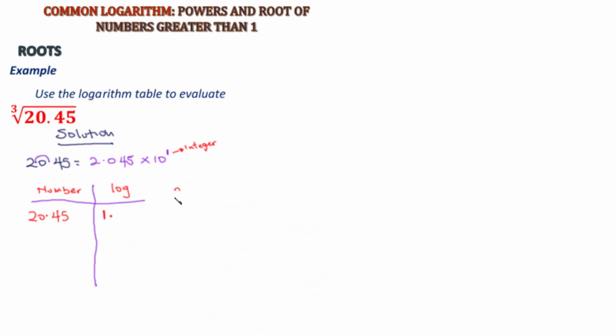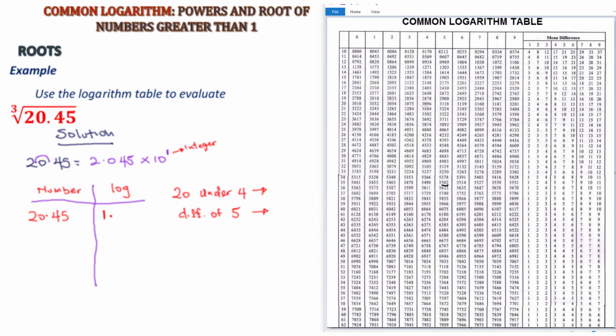So log of 20 under 4 in difference of 5. Now let's check the log table first. The log of 20 under 4 is what? Is 3096. Now let's go to difference of 5. Difference of 5 is 11.